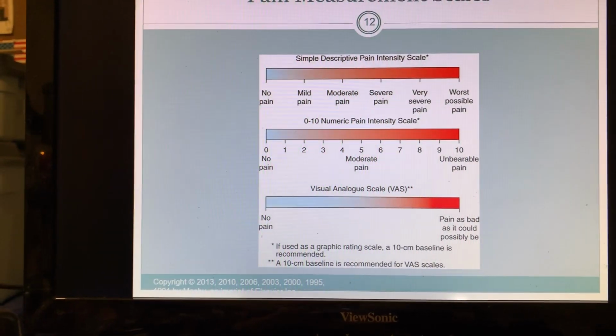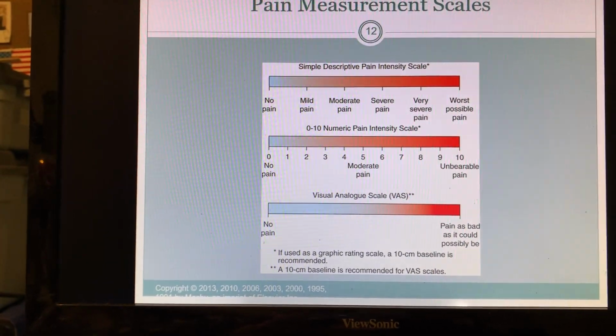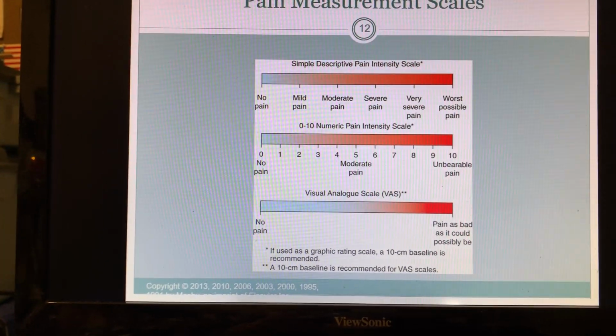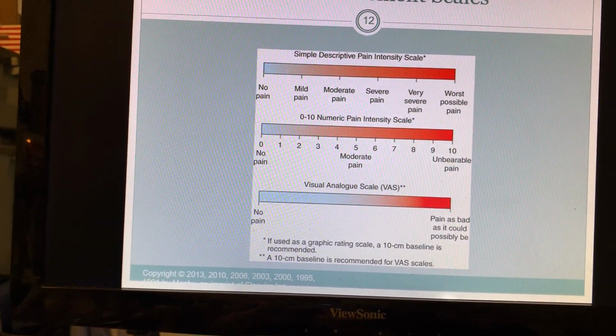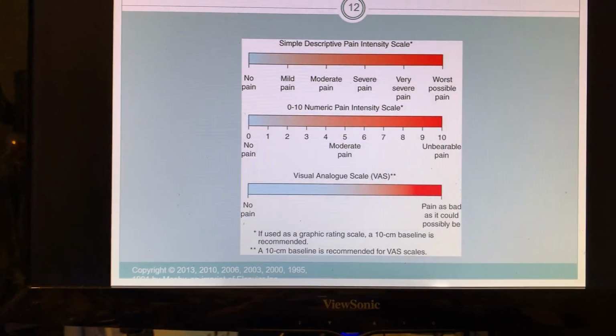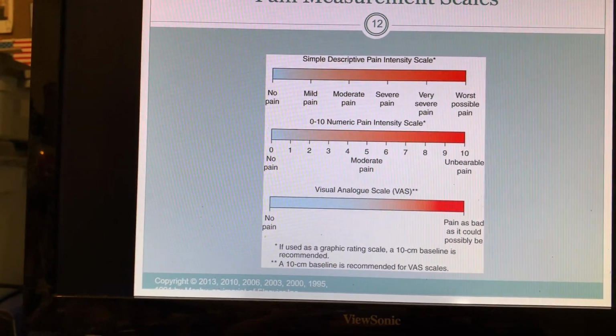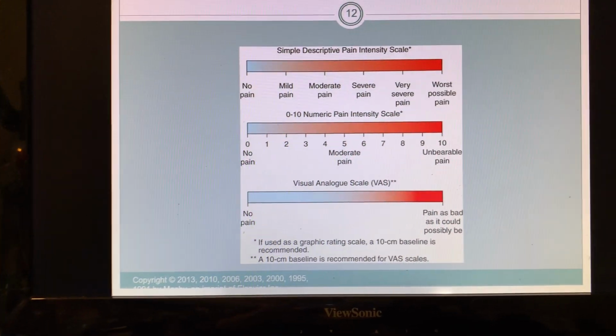On the other hand, you might get somebody who is lying frozen in the bed, clutching the sides of the handrails, knuckles white, sweating, breathing fast, looking absolutely miserable and insisting that their pain's only about a 2 or 3. I don't need anything.